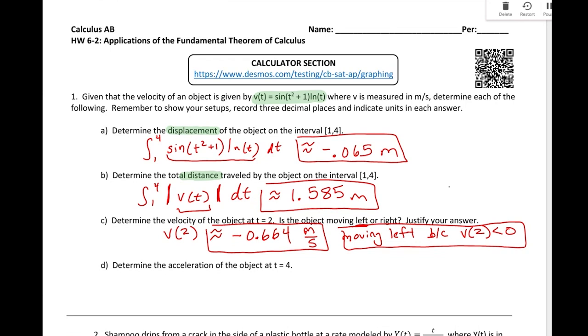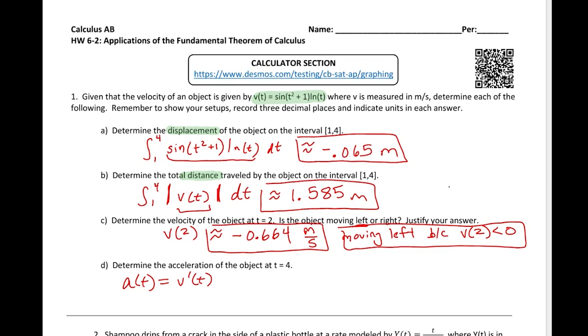For example, if you're given position and the question's asking for velocity, you need to say something like velocity is the derivative of position, right? In this case, we're given velocity and it's asking for acceleration. So we need to establish that acceleration is the derivative of velocity. Okay, so make sure you always write that connection anytime you're faced with one of these particle motion questions and they give you one of the functions and are asking about another.